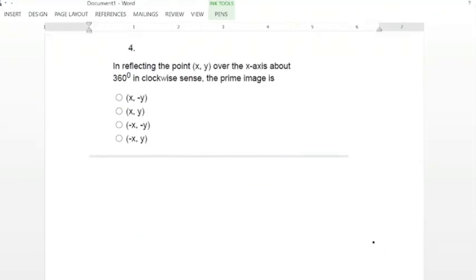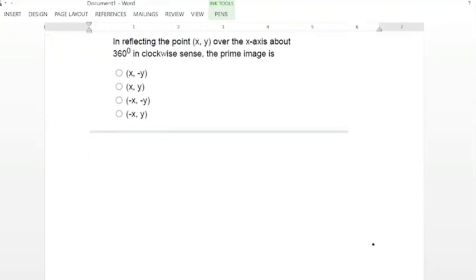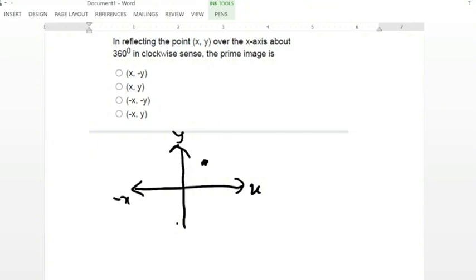Question 4 says, in reflecting the point x, y over the x at about 360 degrees clockwise. So you draw your xy plane. This is the x-axis, y-axis. Then locate x, y. This is the first quadrant, so the point will be somewhere here. Then we are reflecting over the x-axis about 360 degrees clockwise.